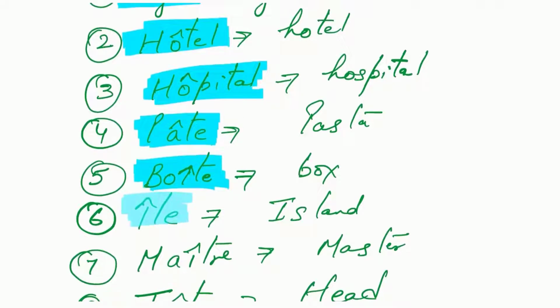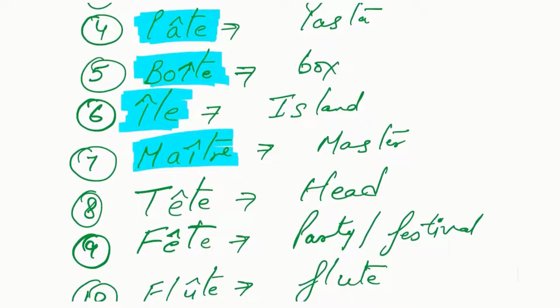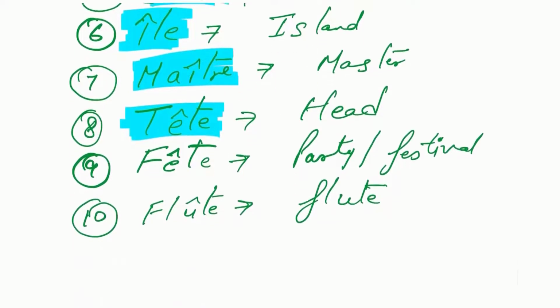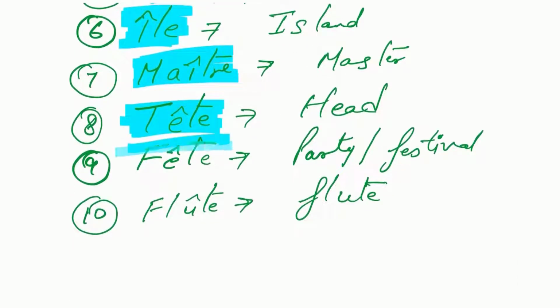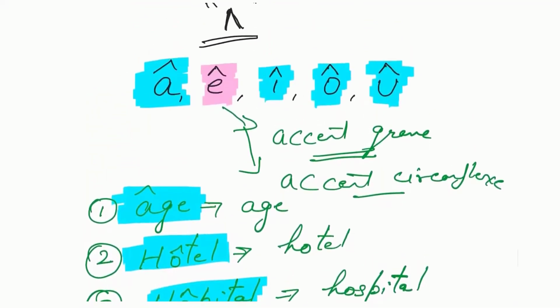Île, this means island. Maître, maître, this means master. Tête, tête, this means head. Fête, this means festival or party. Flûte, this means flute. Okay, so we have done accent circonflexe.